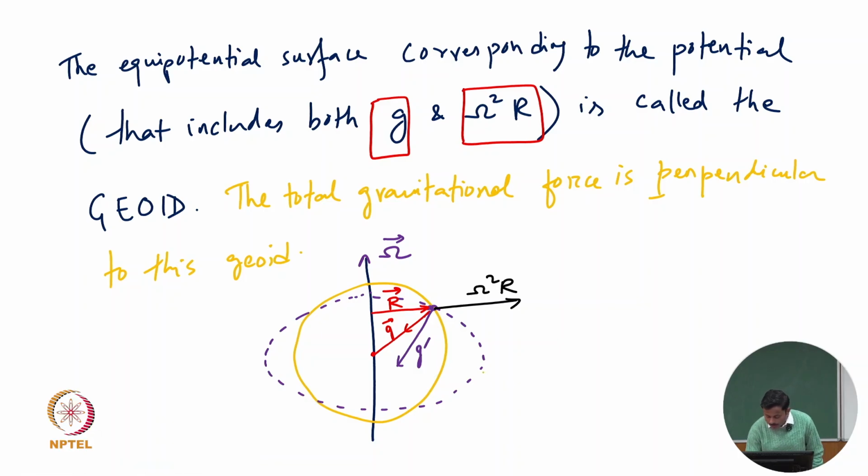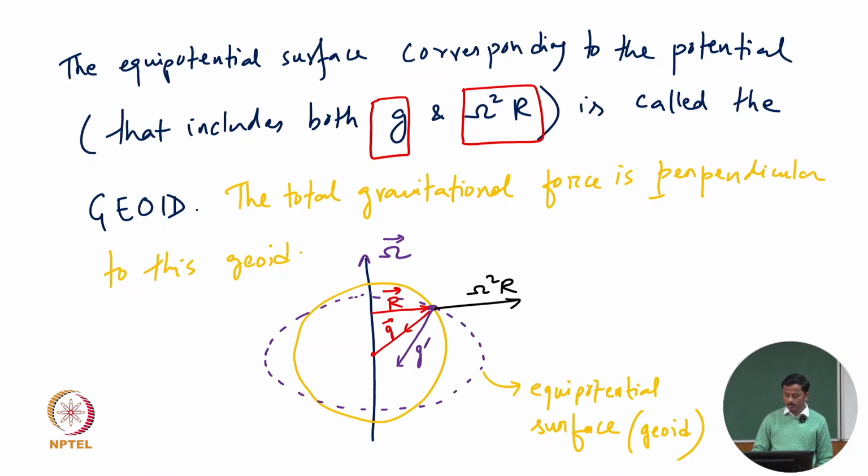The surface that I have drawn is an equipotential surface, which is called the geoid. We already defined this. This is the surface on which, if you leave the oceans alone, the mean sea level of the ocean will lie.